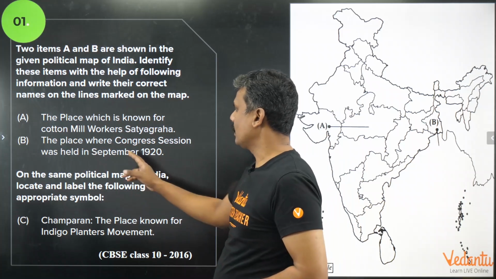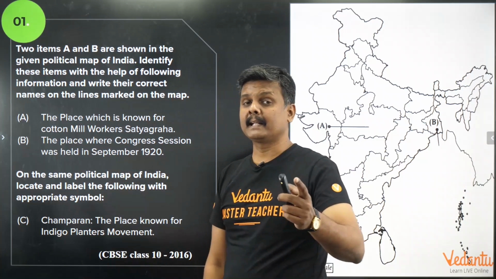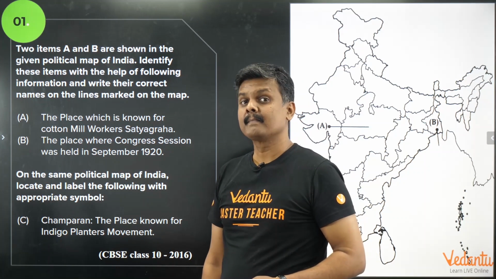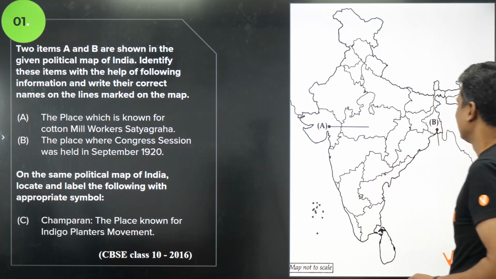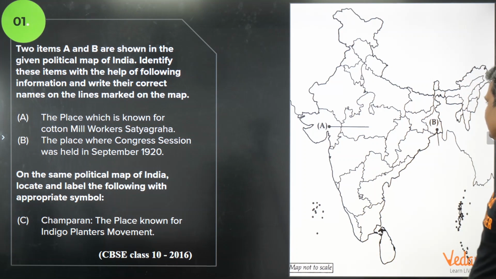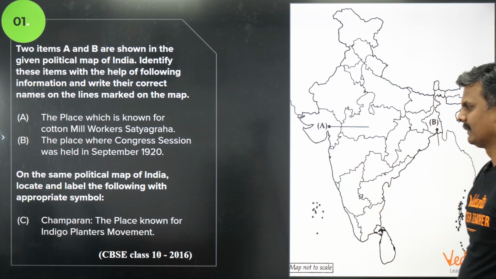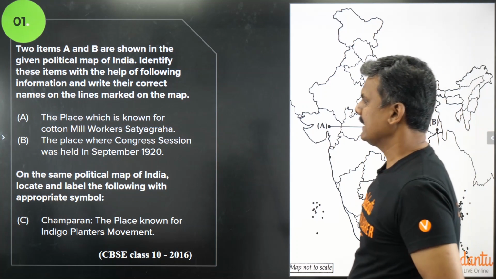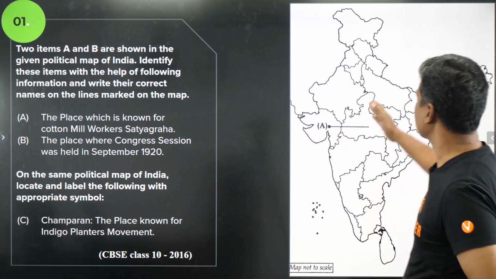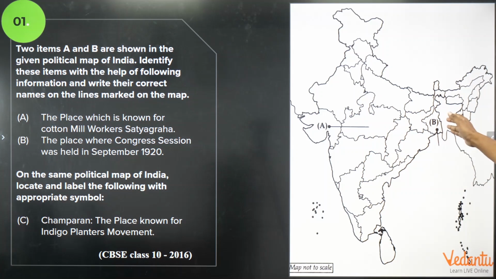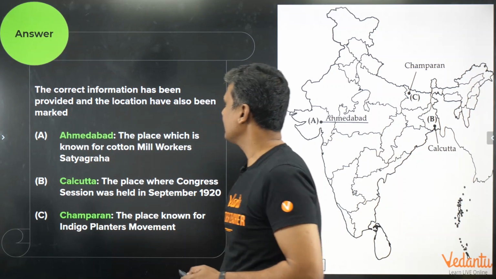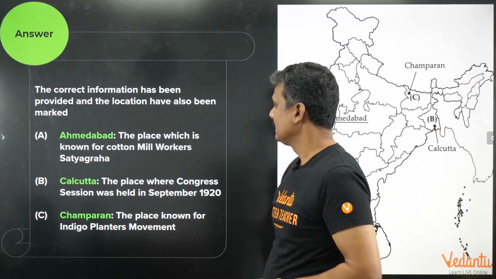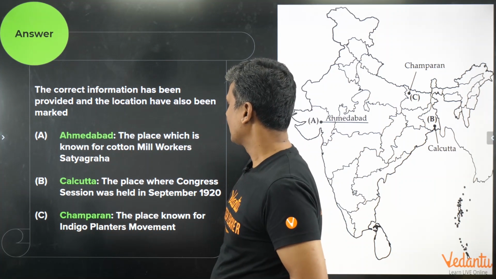So the place where the Congress session was held in September 1920. Is that Nagpur? Right, guys. Now, see here. That's how it goes. A and B. So the correct information for the next question: the answer, Ahmedabad, cotton mill, okay.